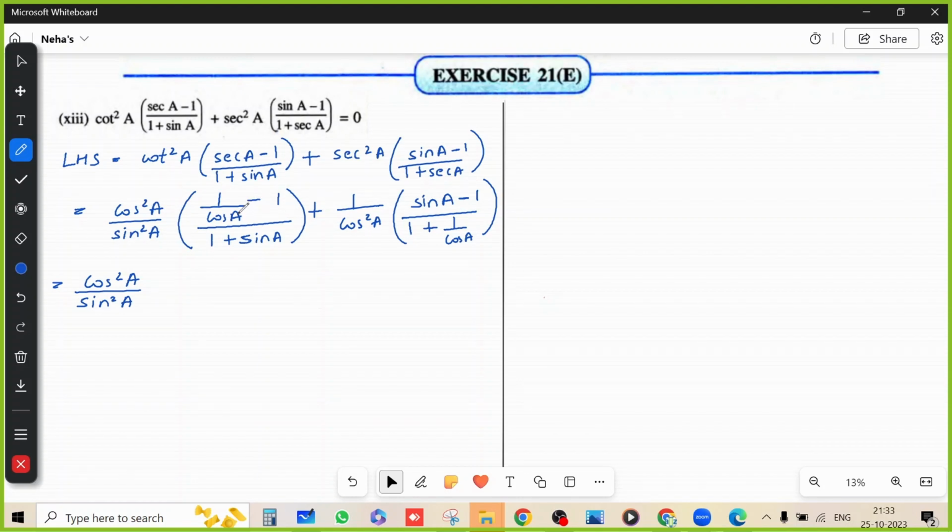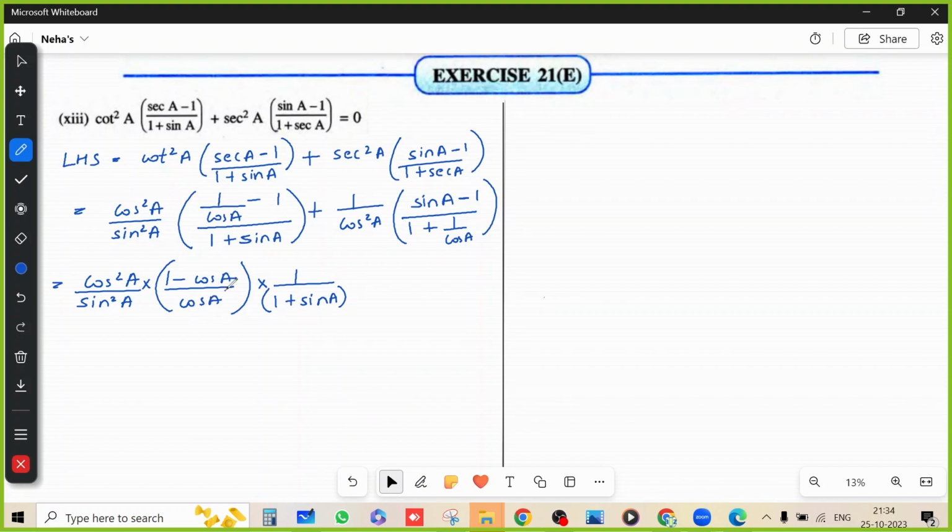So the LCM will be cos A and the numerator will become 1 minus cos A divided by cos A. The denominator here will come as 1 by 1 plus sin A.